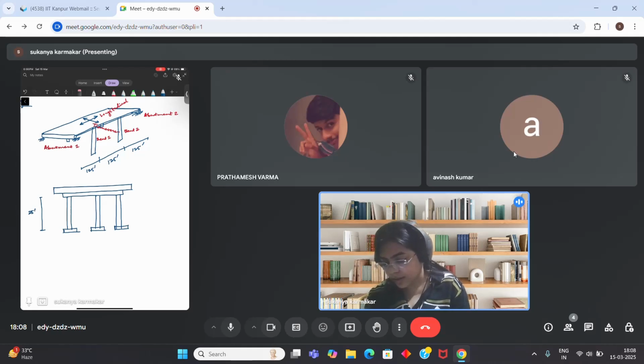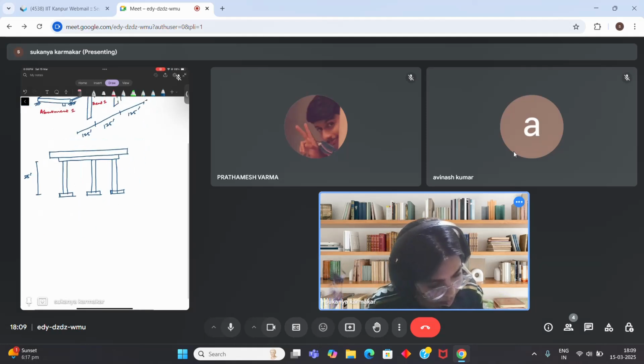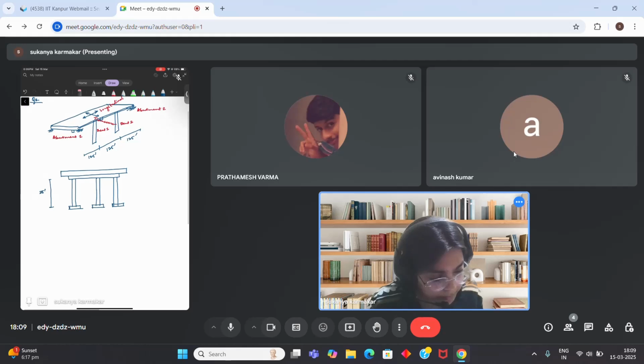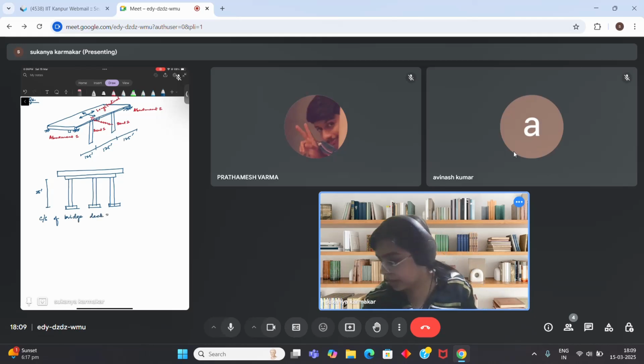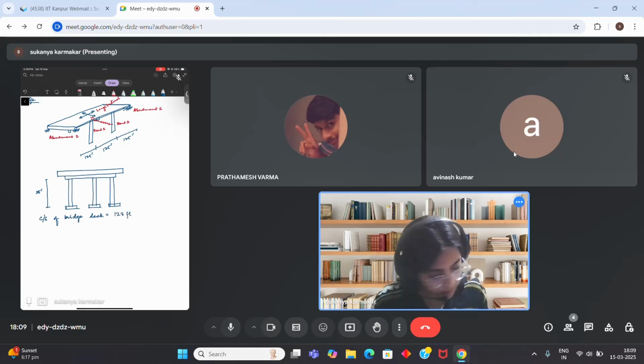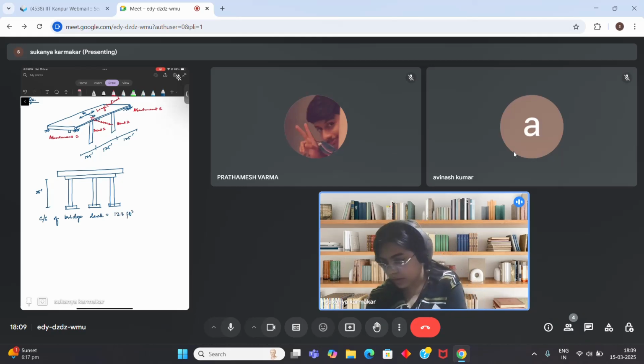In the question it is given that the cross sectional area of the bridge deck is 123 feet squared, and the weight of the bridge is idealized as lumped at the deck level.